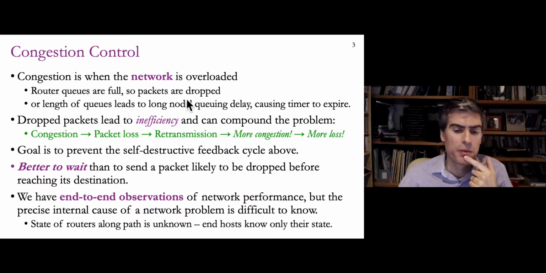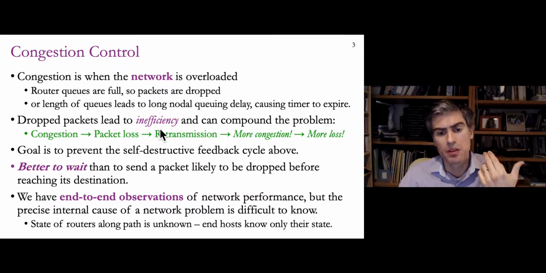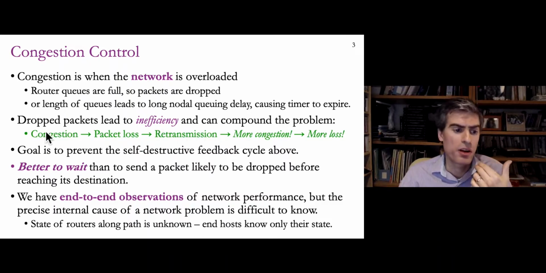This is observed by the sender not getting an acknowledgement to some packet that they send. It's important to realize that dropped packets are something you want to avoid. Dropped packets lead to inefficiency, not just delays.